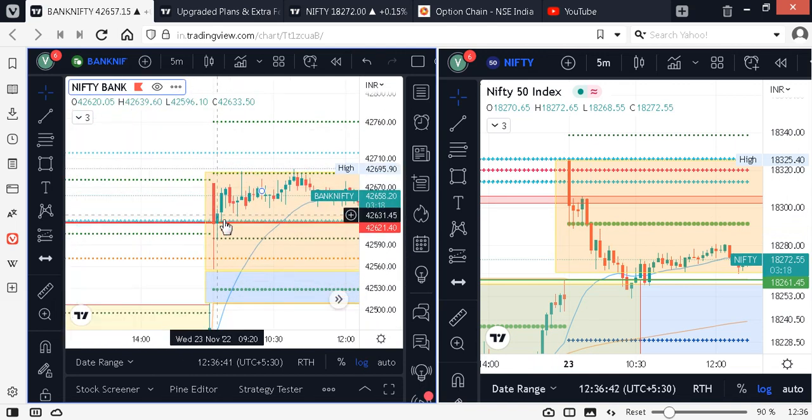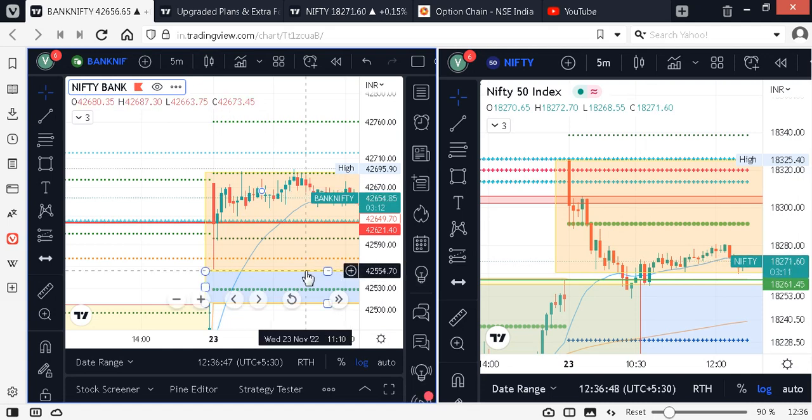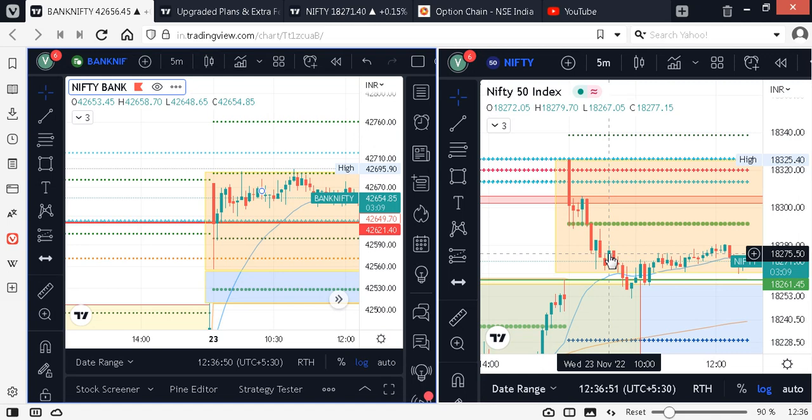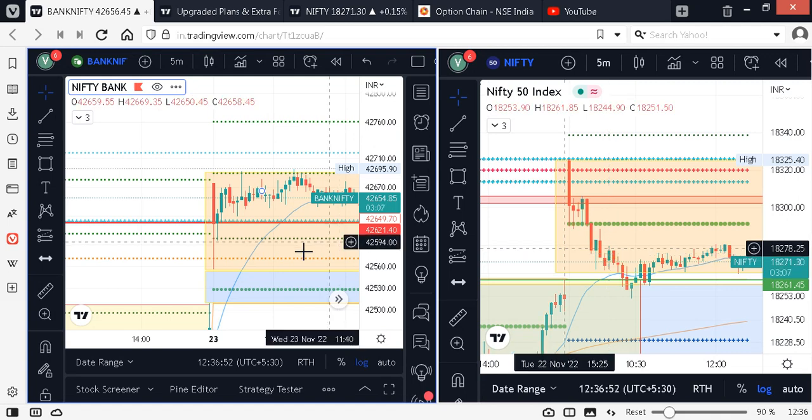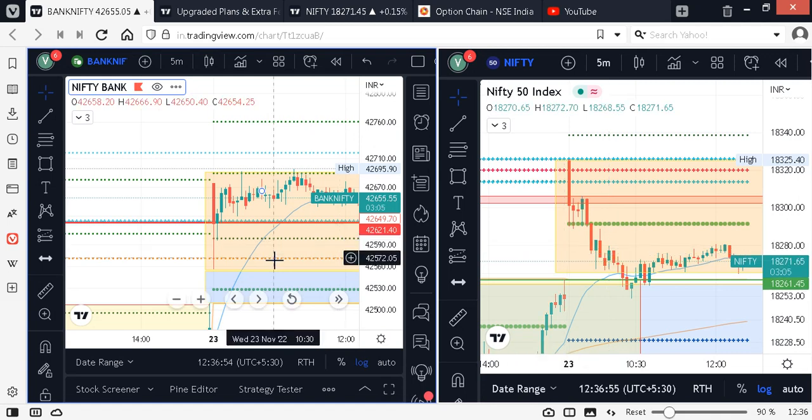These both charts are from 23rd November 2022. Here the first 5-minute candle is a big red candle and the second candle is a bullish pin bar.